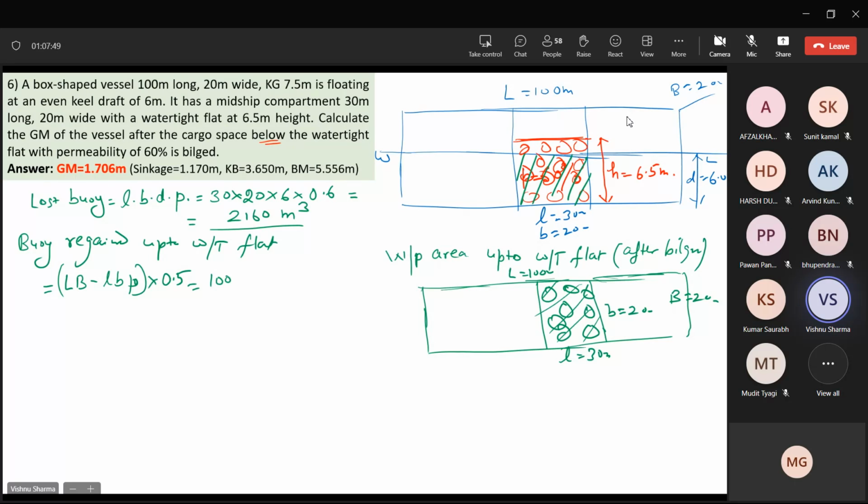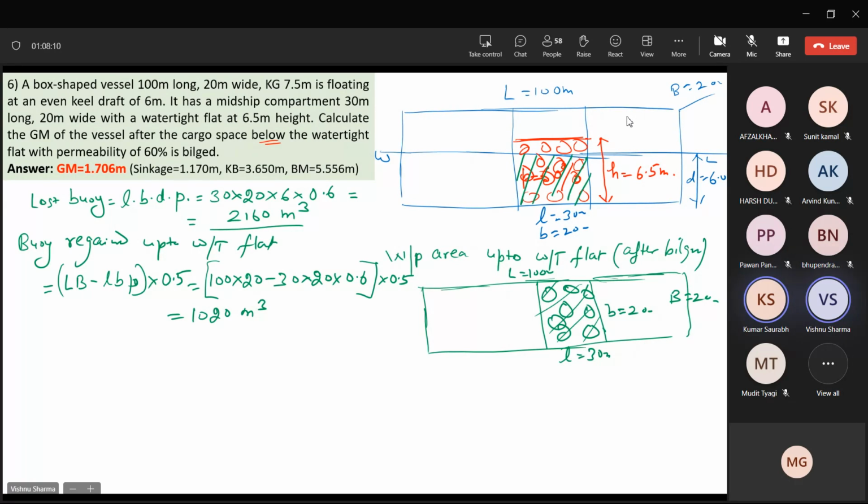That will be equal to 100 into 20 minus 30 into 20 into 0.6, and then the full thing multiplied by 0.5. How much does it come? 1020.